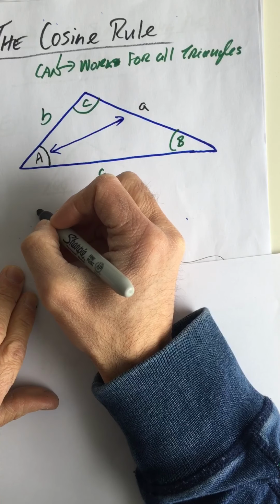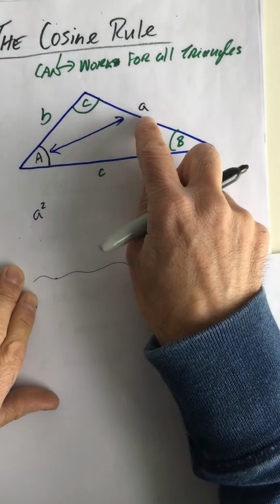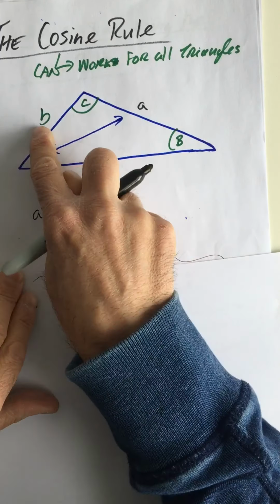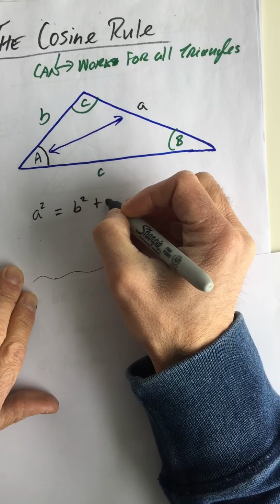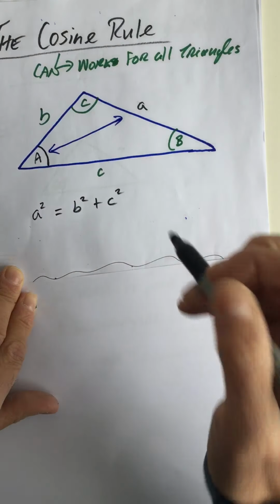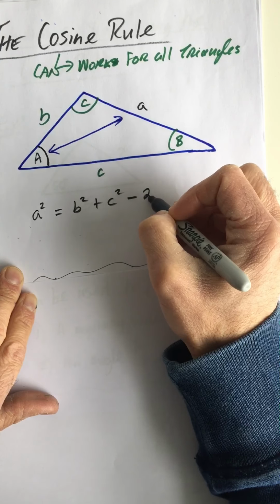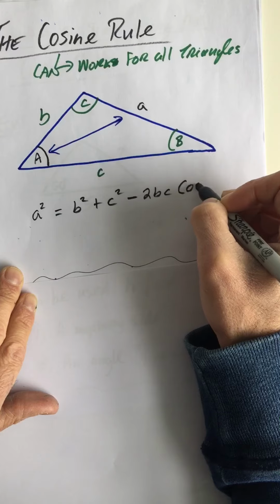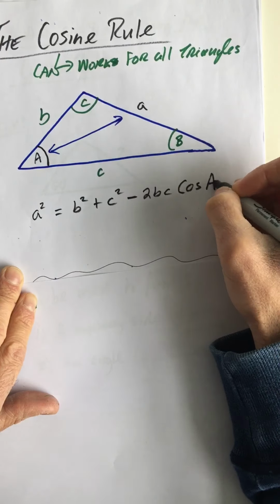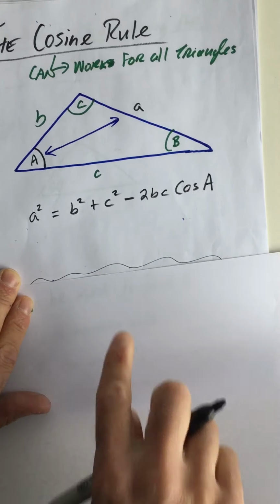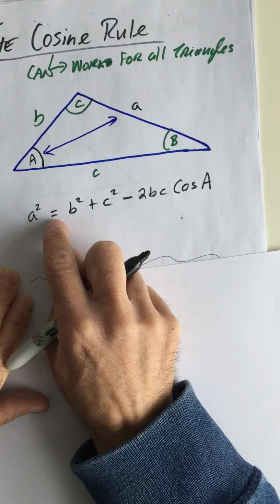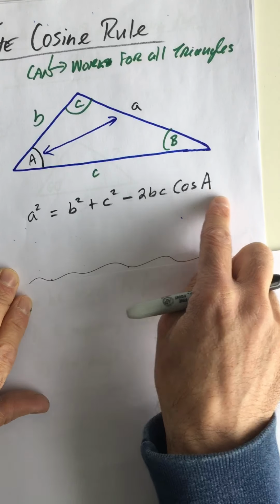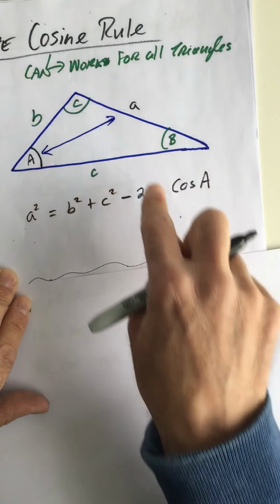The cosine rule says that a squared, so this guy squared, is equal to the other side squared, b squared, plus the other side squared, c squared, but it's minus 2 times b times c times the cosine of angle A. Now, it's very important to realise that whatever letter is at the very start on the left, in this case a squared, then the cosine of capital A is on the other end, because they're opposite each other.